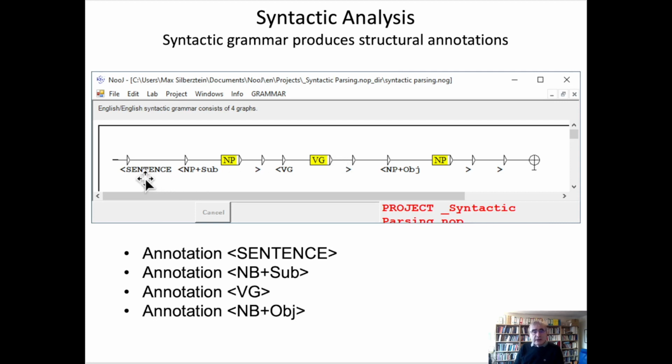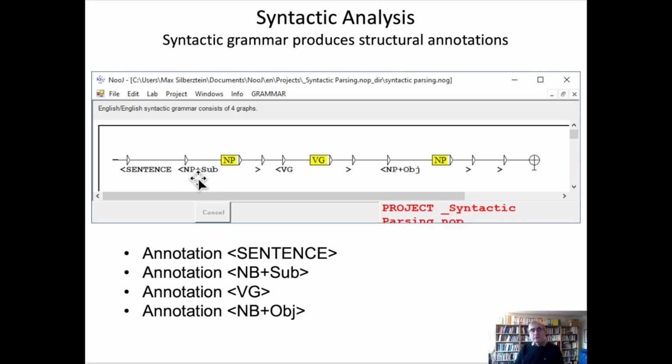And you can see here that the syntactic grammar will also produce some annotations. So you can see here an annotation sentence that's opening at the very start, at the very beginning of the sentence, and which will close at the end of the sentence here. And then another annotation will be produced by this syntactic grammar.